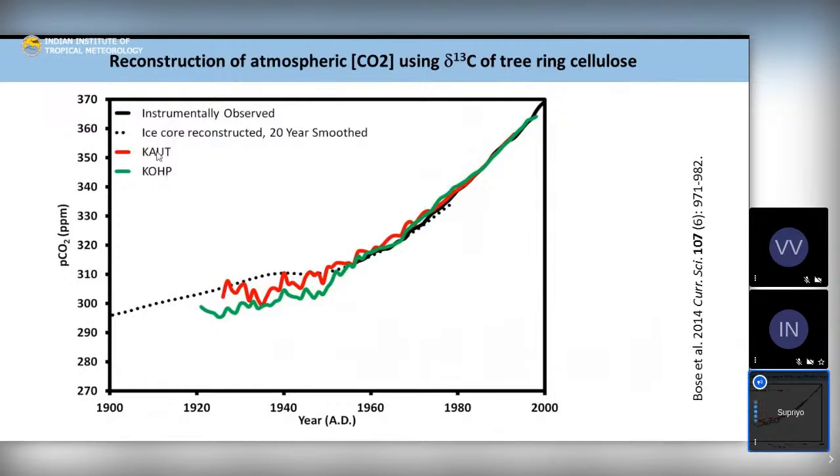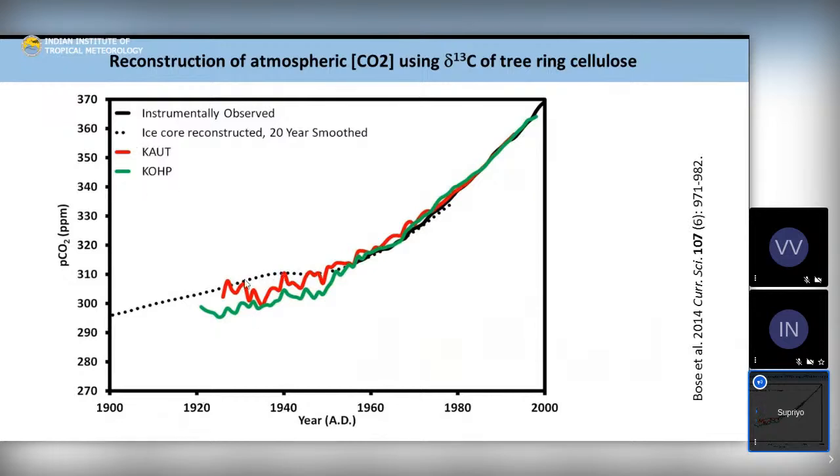And these two records were obtained from the Western Himalayan region, and they have been used to get the past CO2 conditions, which is shown in this red line, and the green line indicates the past CO2 value, which was extended until about 1920.